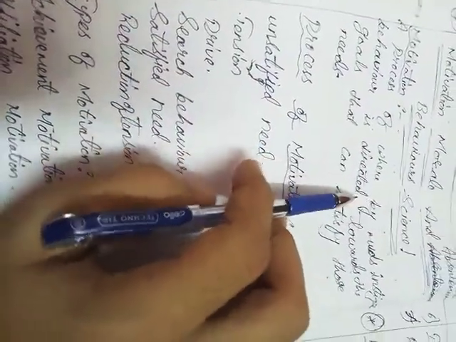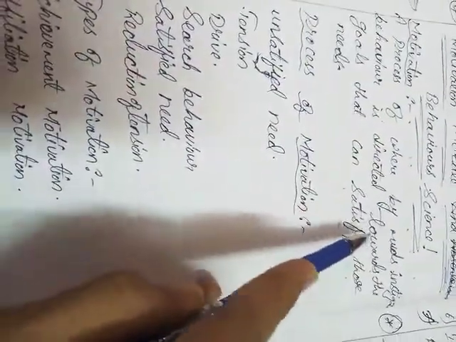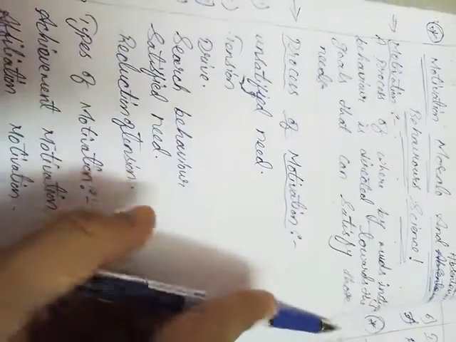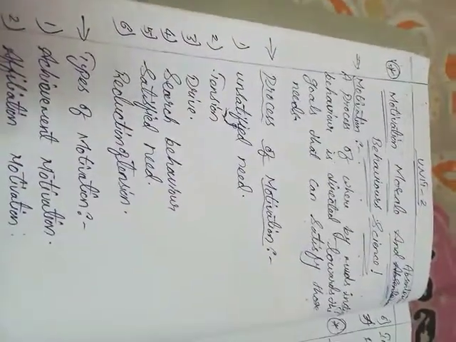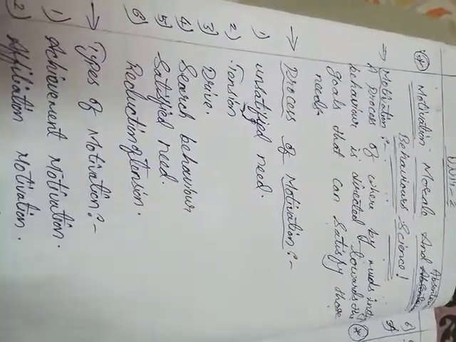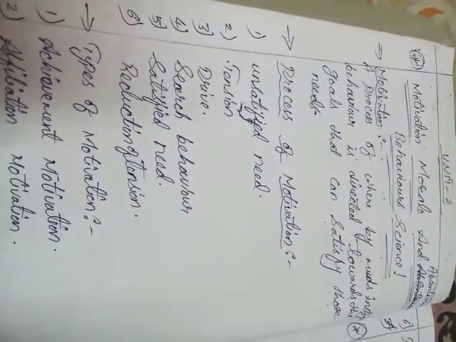Now let's go with motivation, a process whereby the mind instigates behavior. It's directed toward goals that can satisfy those needs, which means motivation is the main thing in achieving a goal.